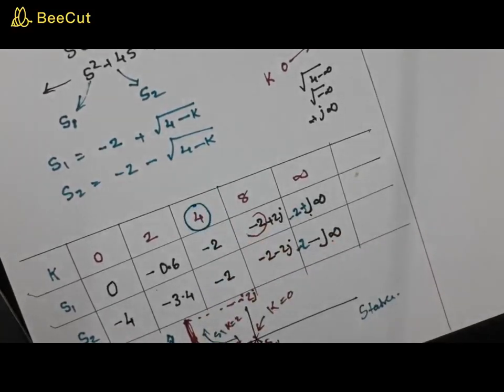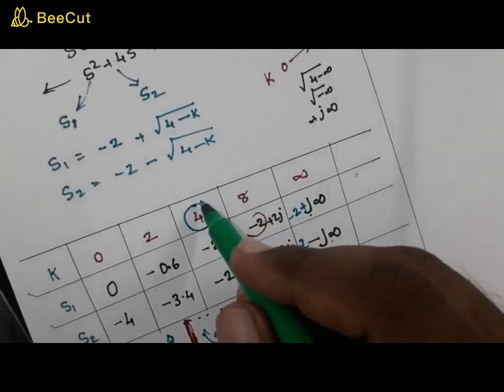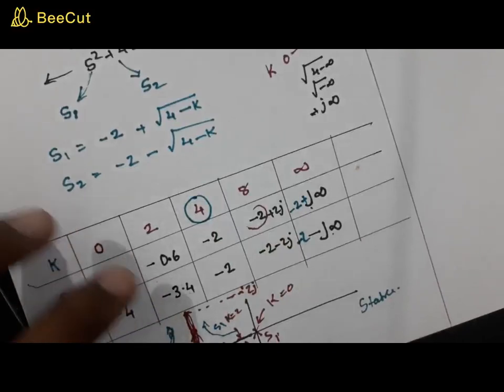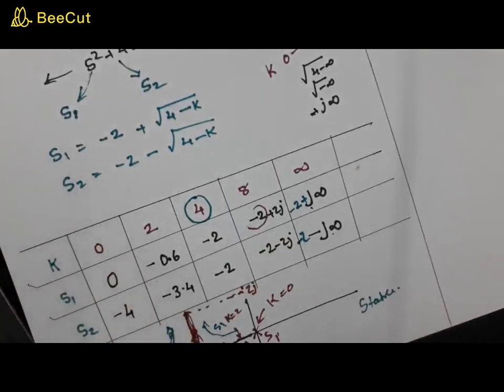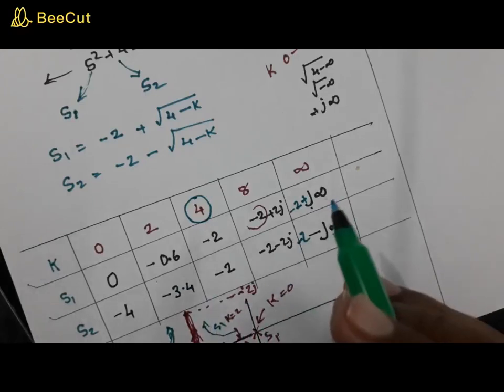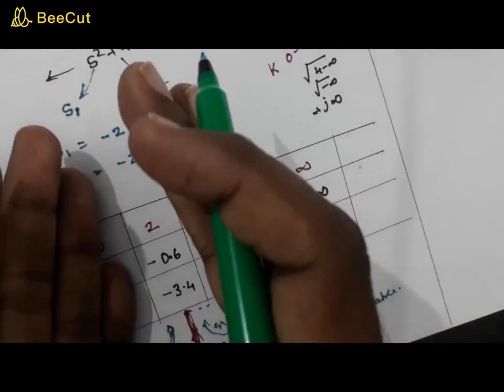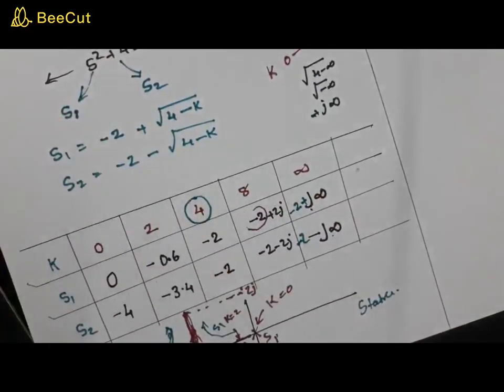So as long as the root lies on the real axis, there will be no oscillation. Now as it moves towards the imaginary axis, then there can be oscillation. That is for sure, right? If you have an imaginary term, that is j omega, so if there is an omega, then there will be some oscillation, but that will be a damped oscillation because all the roots reside on the left half.